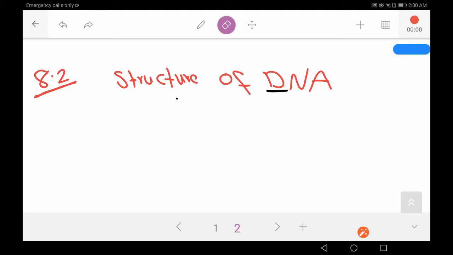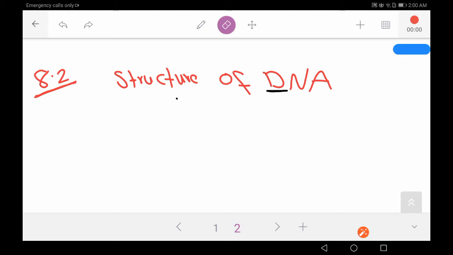So, by 1950, a scientist named Chargaff. Okay, let me write for you. Chargaff.